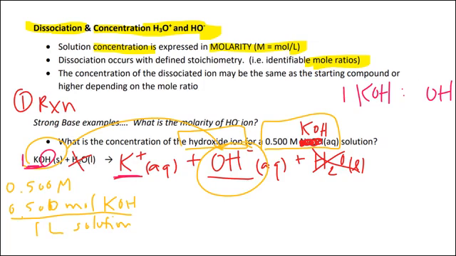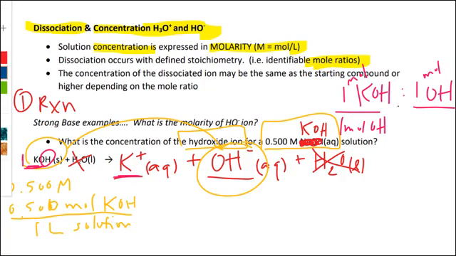So I can say that 1 to 1, 1 mole of KOH is equivalent to 1 mole of OH⁻, which means I can then write my ratios here. I can say 1 mole of KOH for every 1 mole of OH⁻, or I can say 1 mole of OH⁻ for every 1 mole of KOH.